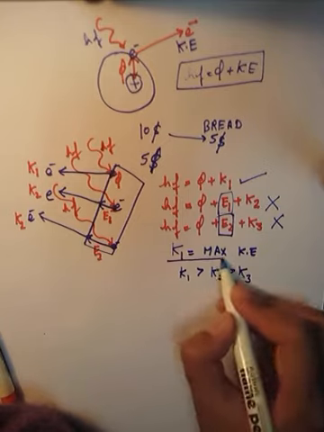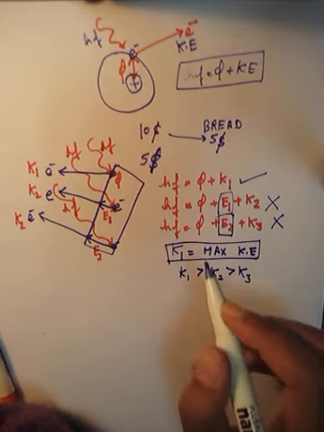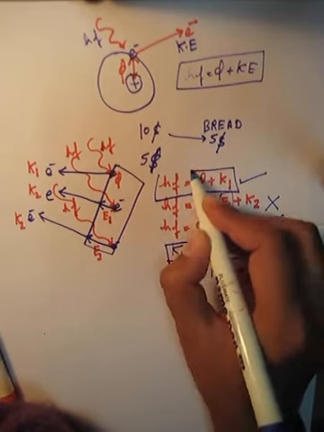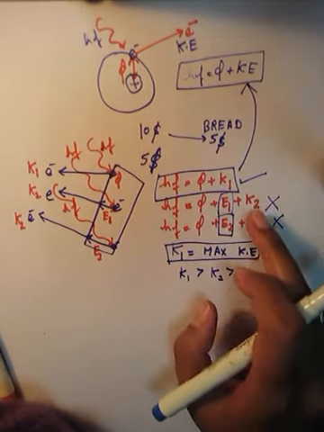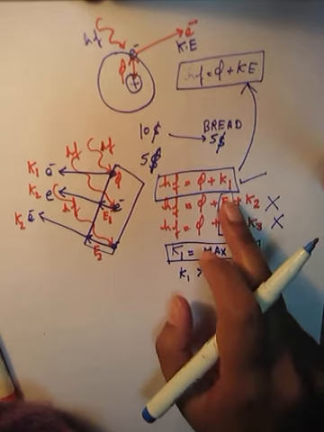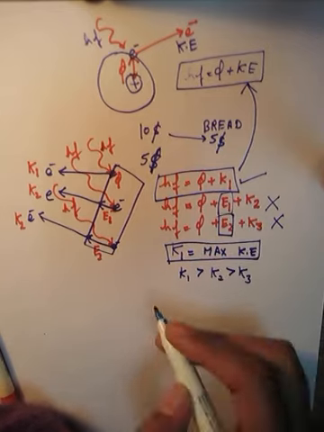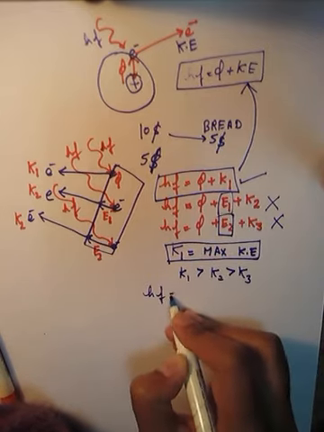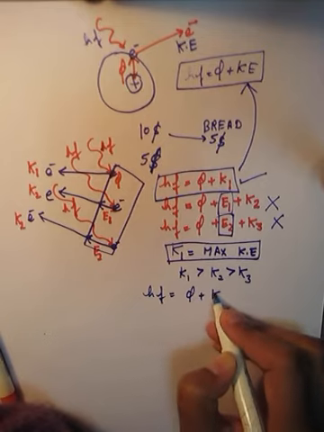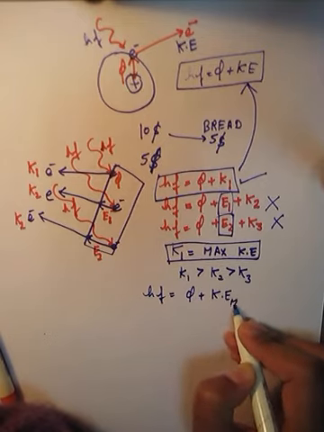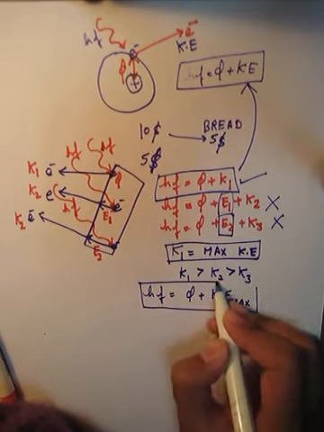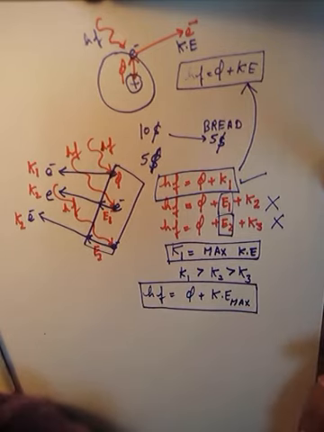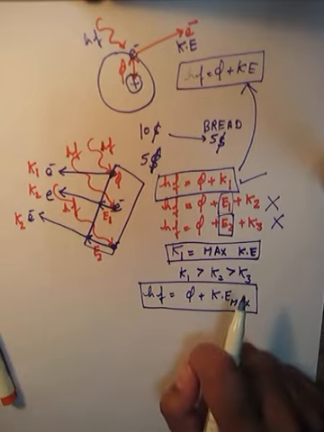Therefore K1 will be the maximum kinetic energy, and only for maximum kinetic energy will this equation be valid. It will not be valid for these two, because here we have to take care of the loss of energy also. So we can write this equation with the maximum kinetic energy, and it will give you the maximum kinetic energy of the electron.